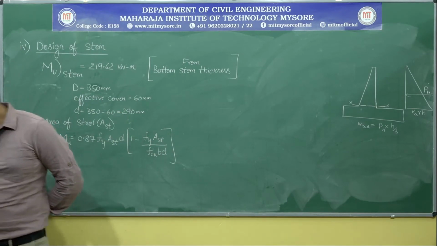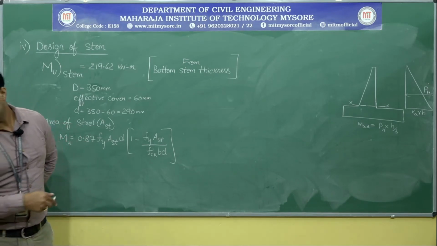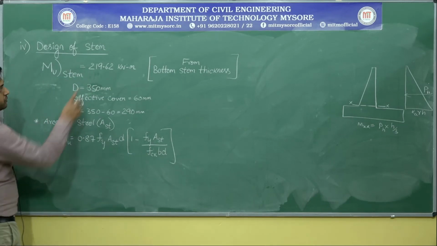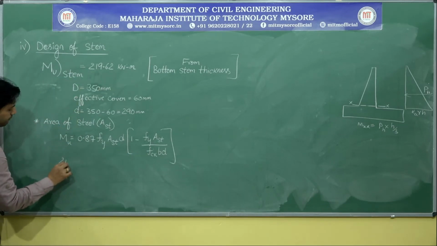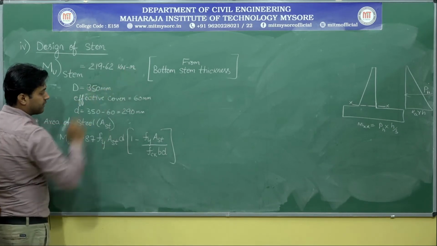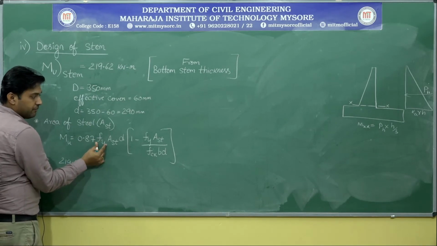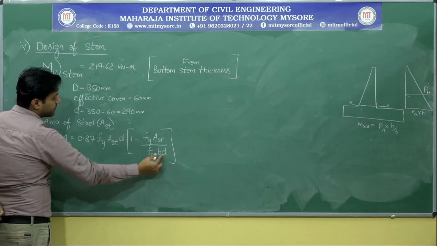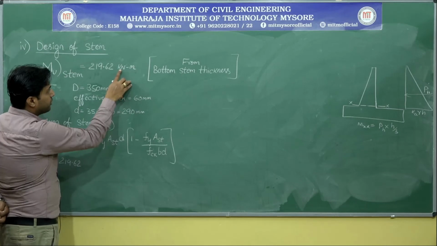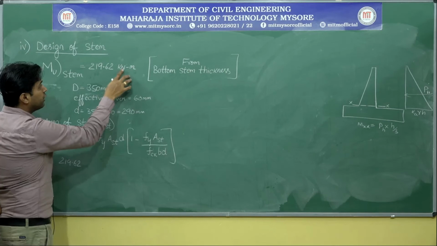Yes. I know the value of Mu, it's 219.62. What is the unit? Kilonewton meter. But fy is in Newton per mm square, fck is also in Newton per mm square, and breadth and depth we will be substituting in mm. So I will be converting kilonewton meter to Newton mm.